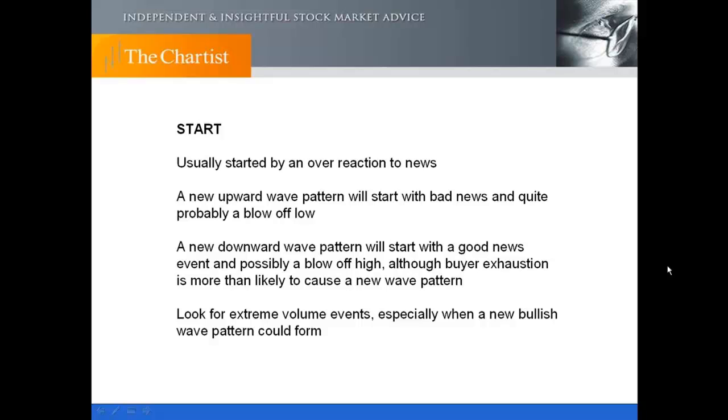Now, it's a little bit different with a bull market than it is a bear market, i.e. a bear market turning into a new bull or a bull turning into a new bear. A little bit different simply because the market participants tend to be buy only rather than sell only.